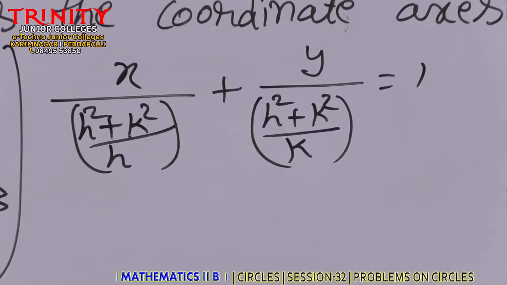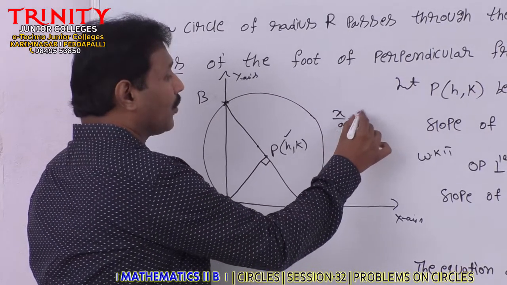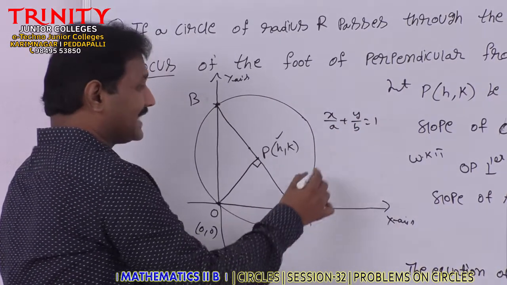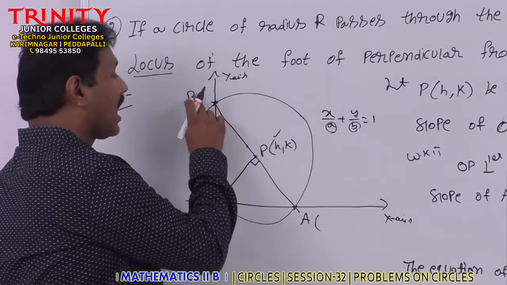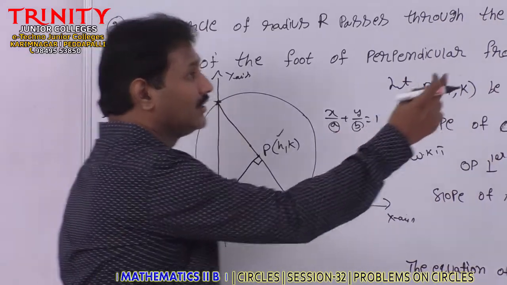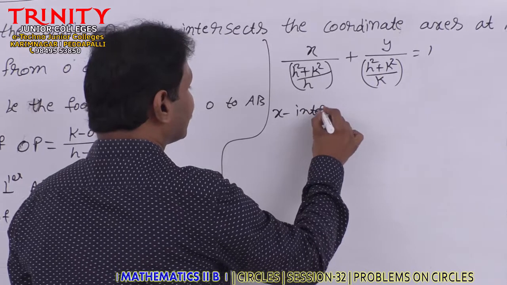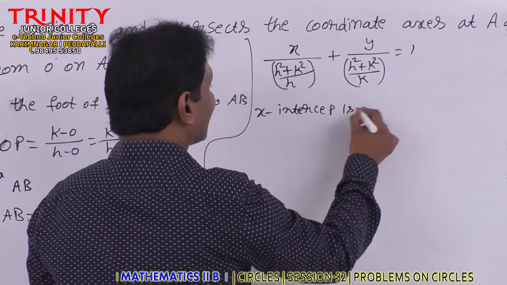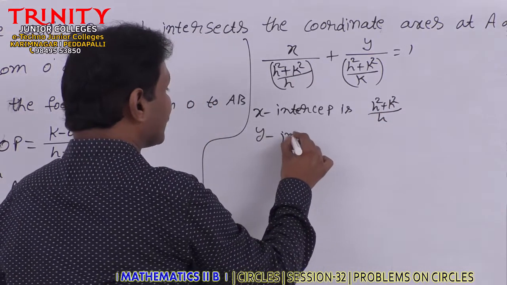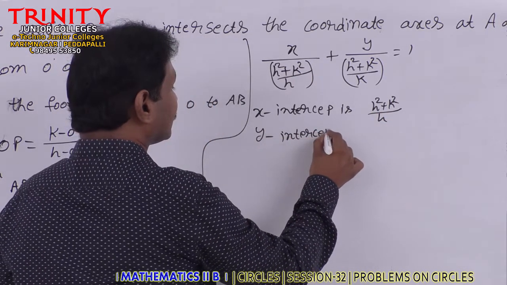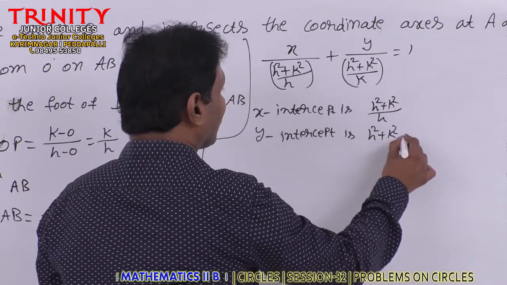We know that the intercept form is x by a plus y by b equals 1, where the x-intercept is a and the y-intercept is b. The coordinates are (a, 0) and (0, b). Therefore, here the x-intercept is h square plus k square by h and the y-intercept is h square plus k square by k.